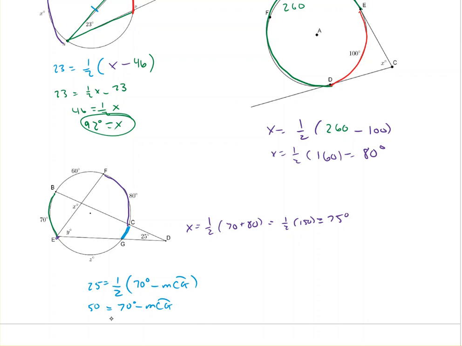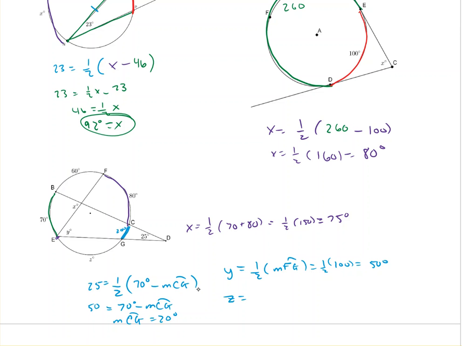And if you just subtract, you're going to get the measure of this arc is 20 degrees. So now that we know that this is 20 degrees, we know that the whole arc FG is 100 degrees, right? So y is going to be 1/2 the arc FG, which is 1/2 of 100, or 50 degrees.